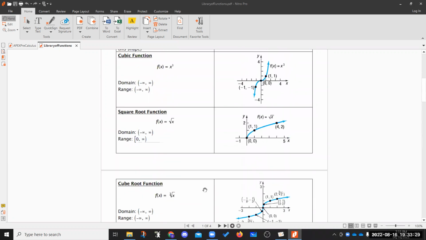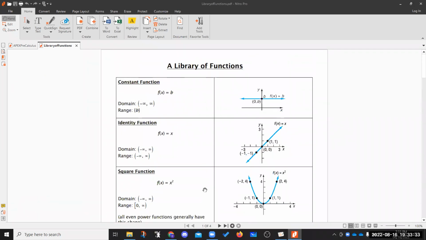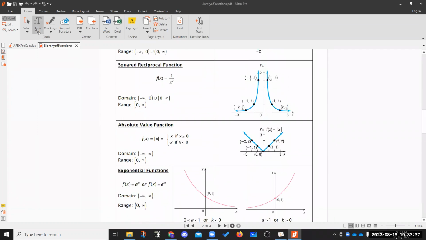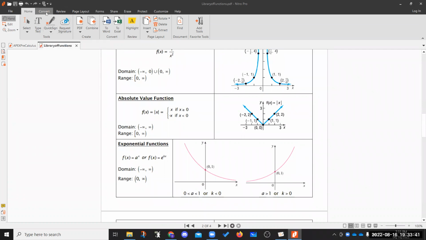Let me see if there's any other mistakes like that. No, everything else is good. That's the only mistake that I see. I'm going to see if I can edit that right now in my copy.